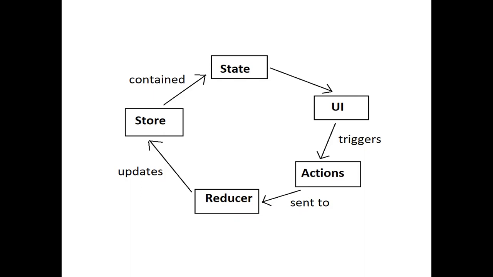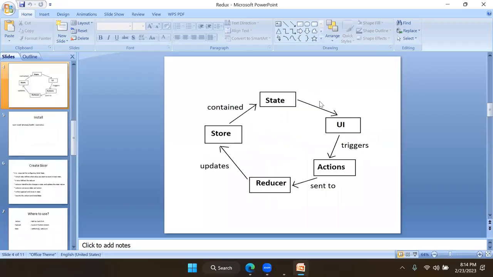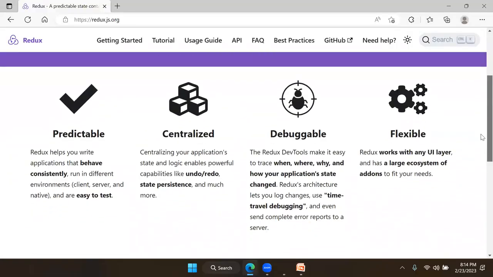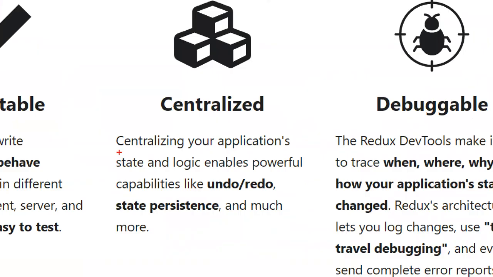For that, keep your data in a store and provide it from the store, so that the store will be available from application start to application end. We call it application state. This is the application state. That is what it says: centralizing your application's state.